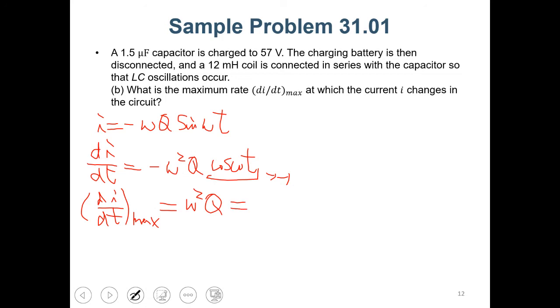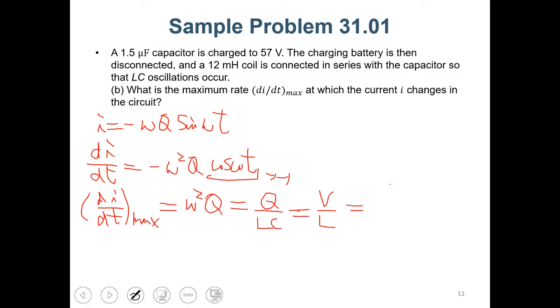So in this case, omega square is 1 over LC, so it is Q over LC. And Q over C is nothing but V, or Q equals CV, and cancel the C. So we have V over L.